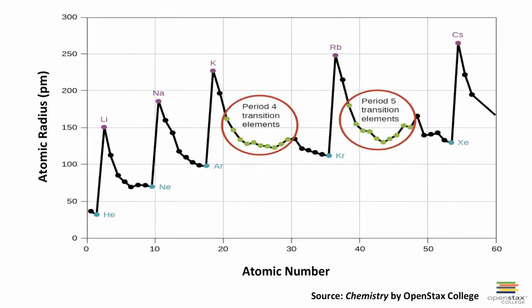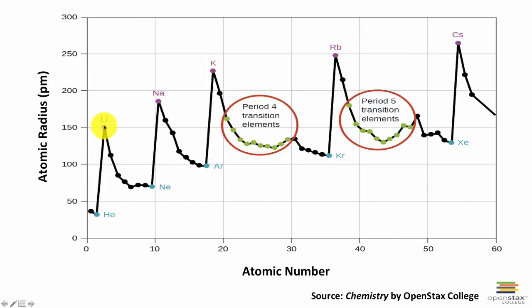Now, perhaps it's easier to see this trend if we do a graph of atomic radius versus atomic number. And you can see, if we start with the lightest element, hydrogen, the atomic radius of the next element, helium, is a little smaller.